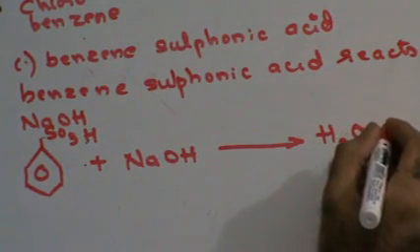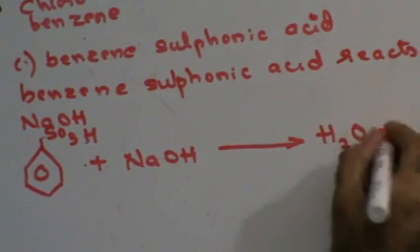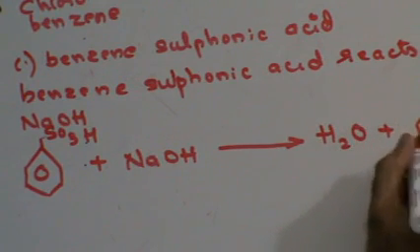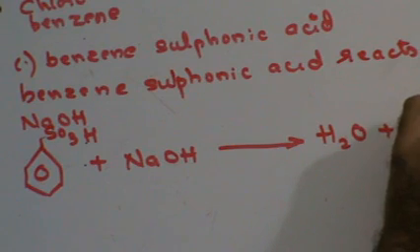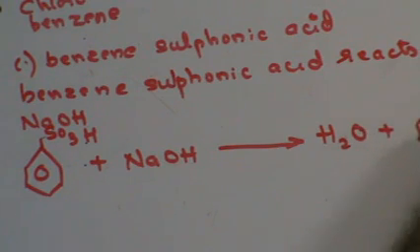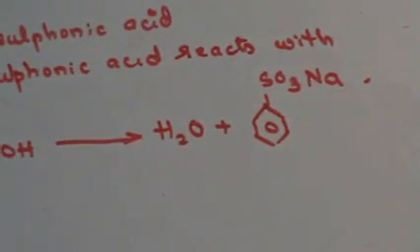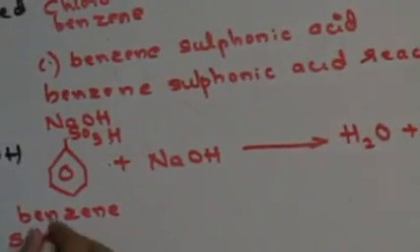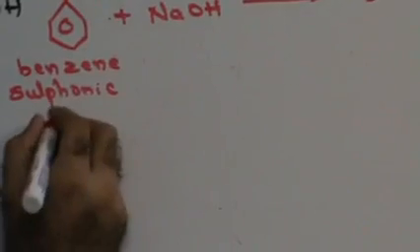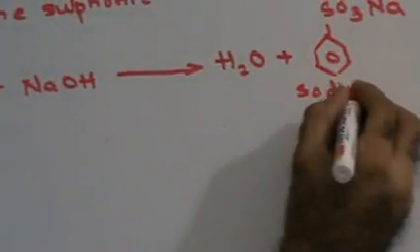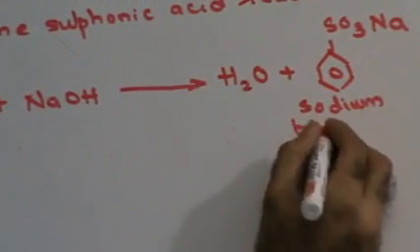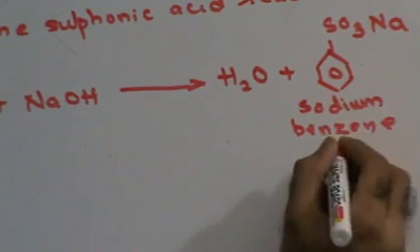That means hydrogen is going to be substituted by sodium, giving SO3Na. Benzene sulfonic acid reacts with sodium hydroxide to form sodium benzene sulfonate.